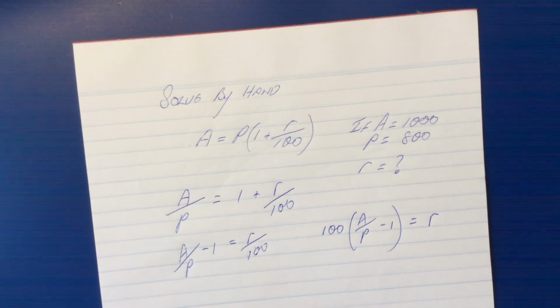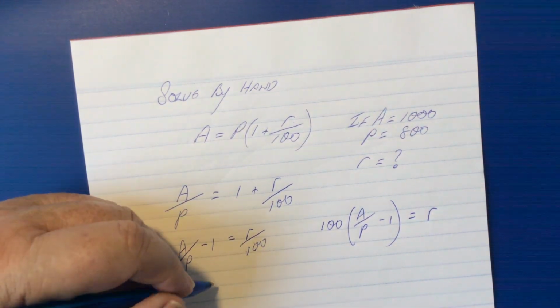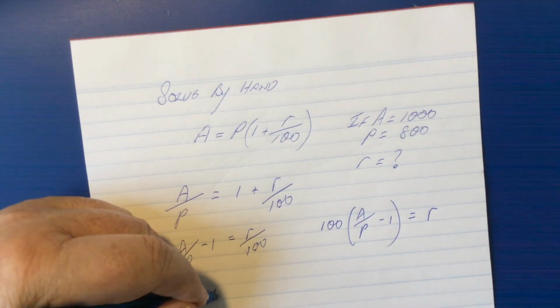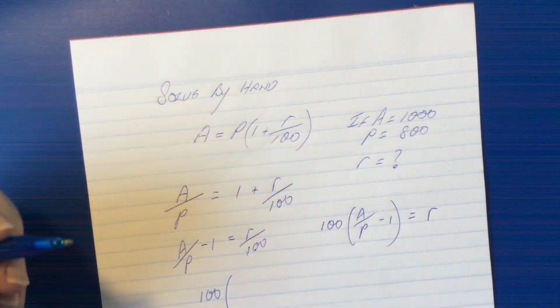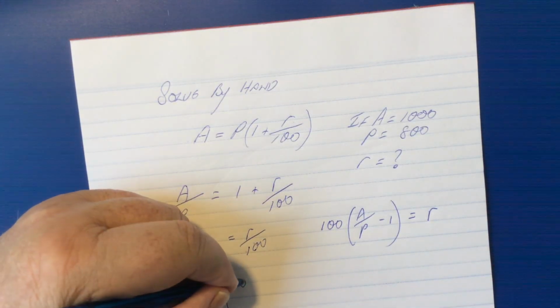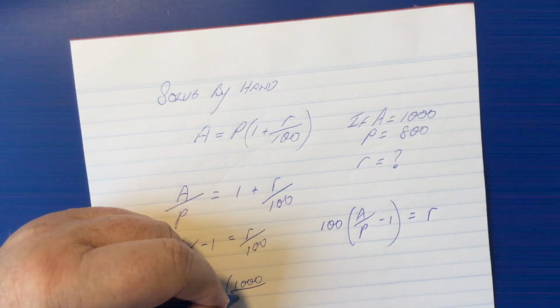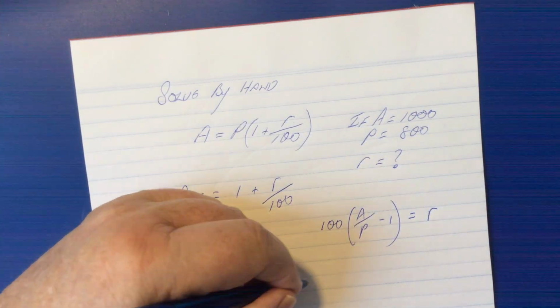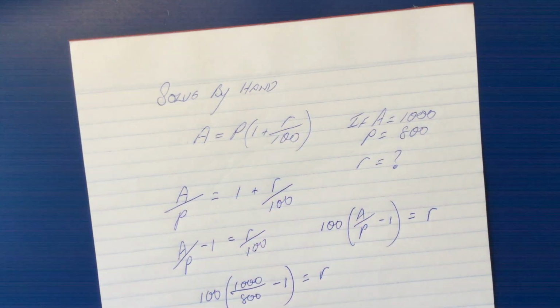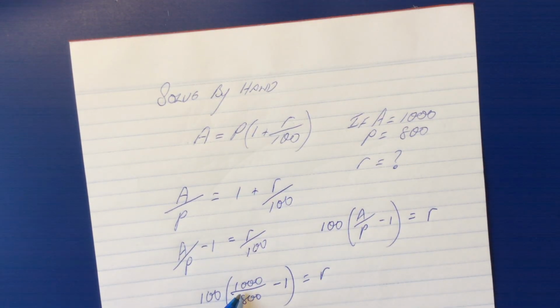Now we can do some substituting. 100 times A is 1,000, P is 800, minus 1 is equal to R. Now we need to sort out this bracket.